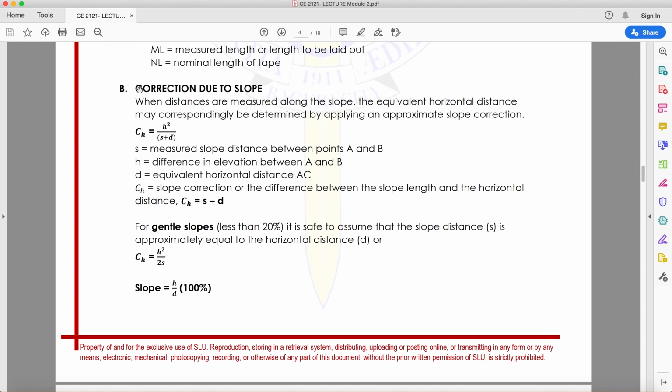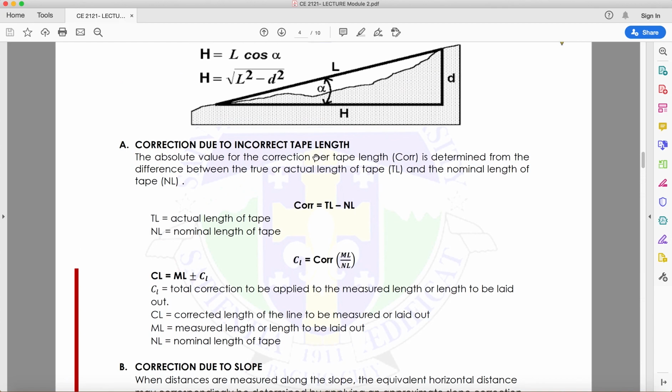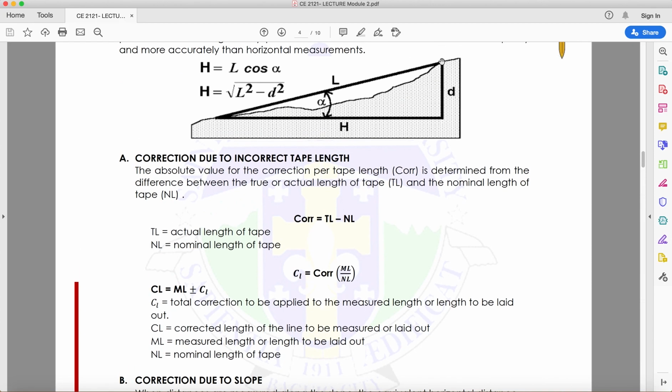And the principles. Correction due to slope. So when distances are measured along the slope, the equivalent horizontal distance may correspondingly be determined by applying an approximate slope correction. Okay? So CH, the slope correction, or the difference between the slope length and the horizontal distance, is equivalent to h squared over S. H is the difference in elevation between A and B. So when we say elevation, this is elevation 1, this is elevation 2.